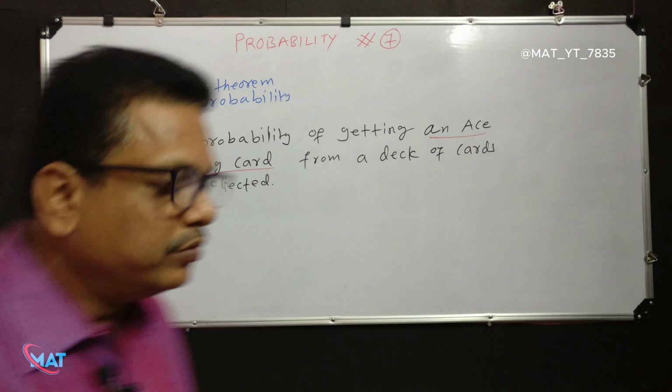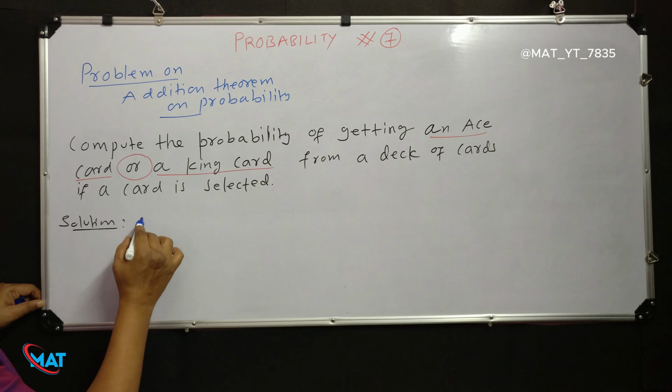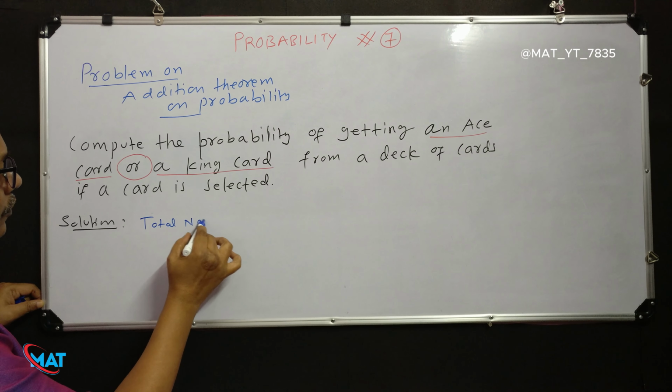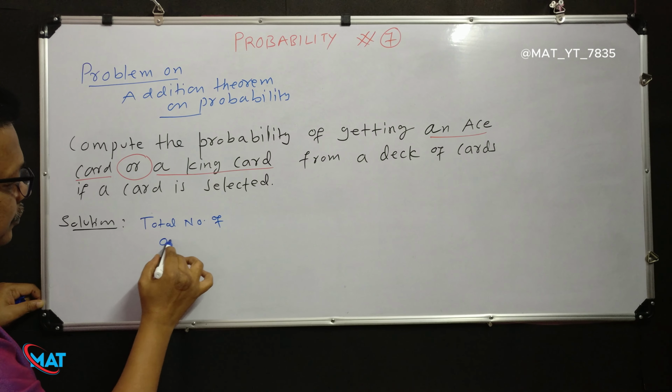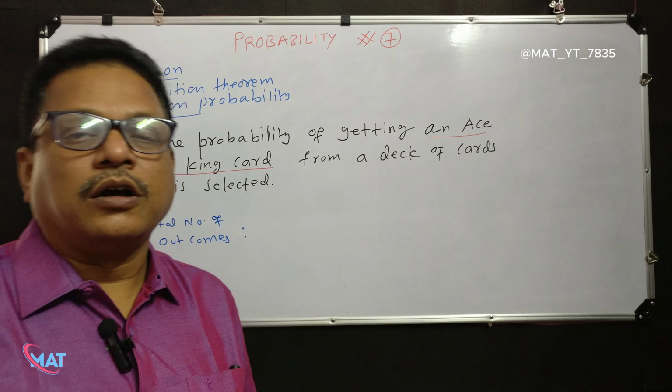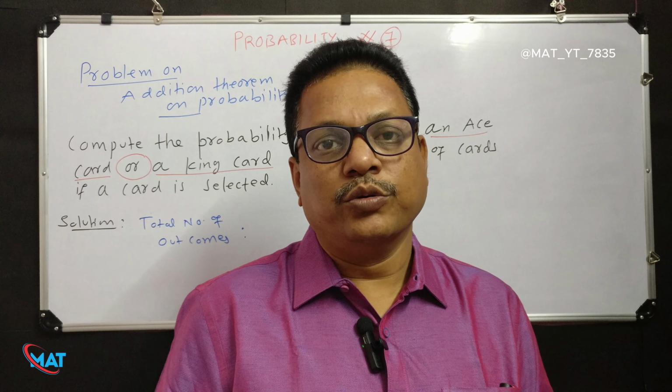Let us continue. The second part is the total number of outcomes. The deck contains 52 cards and all cards are equally likely to be selected.